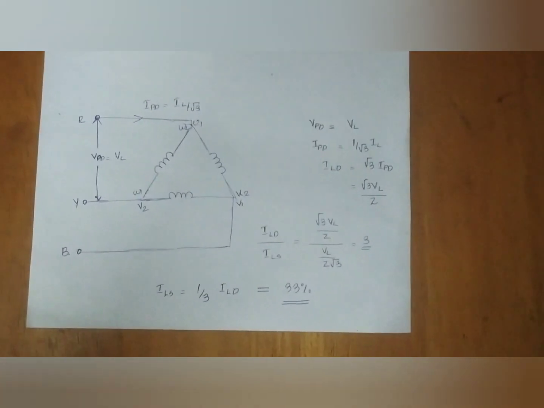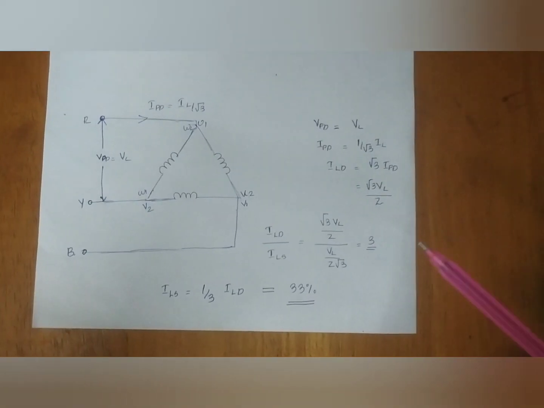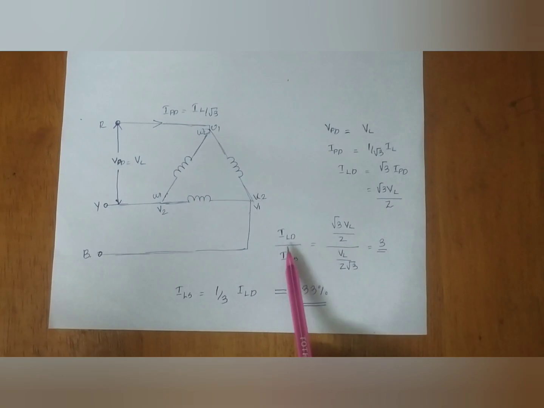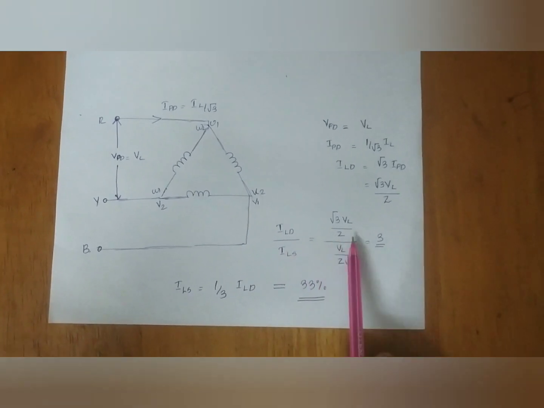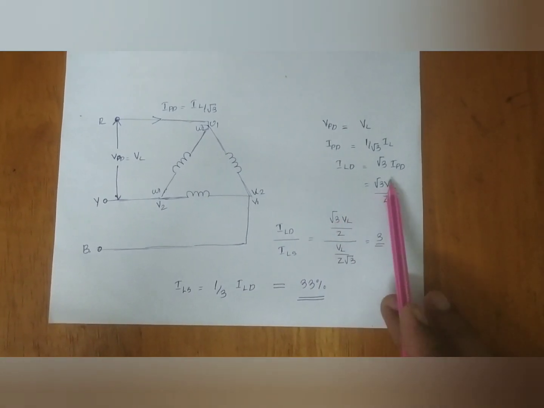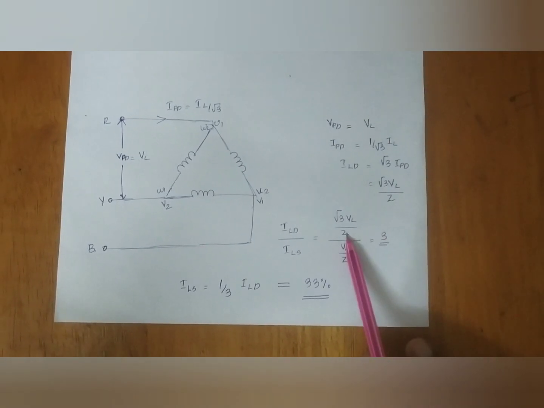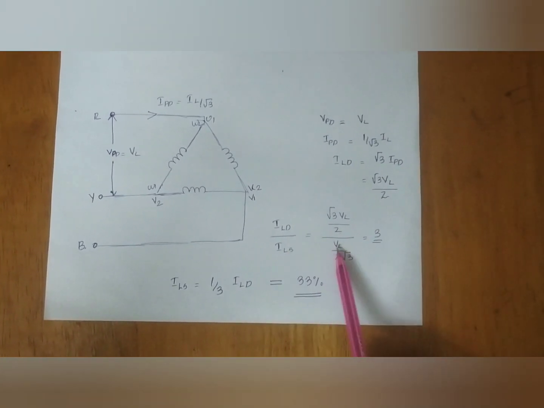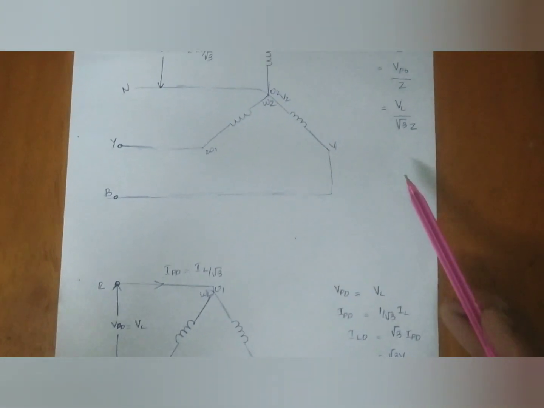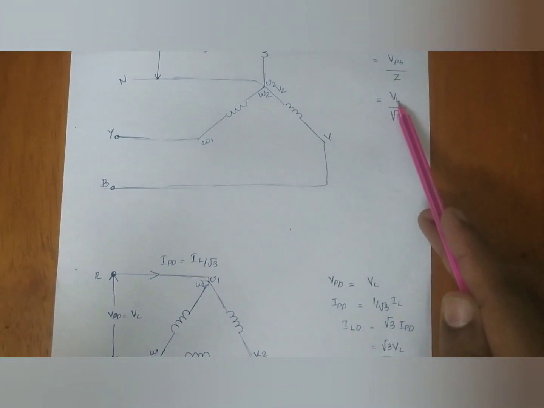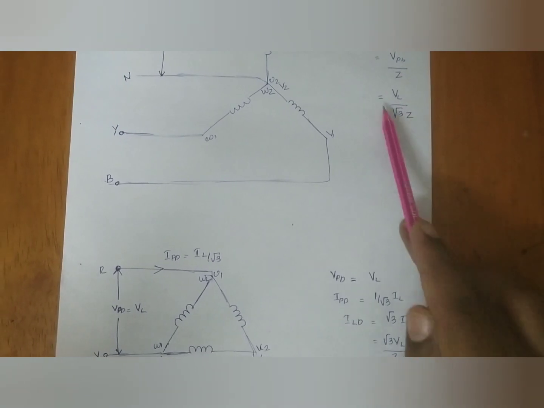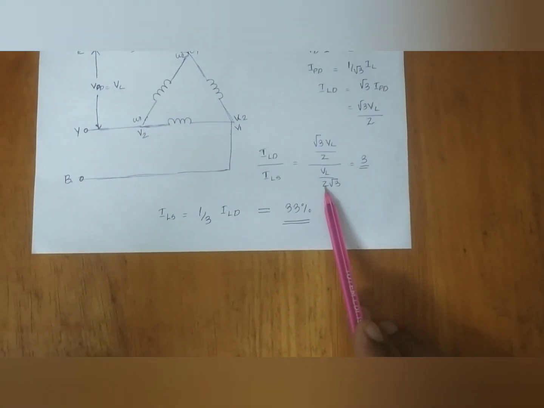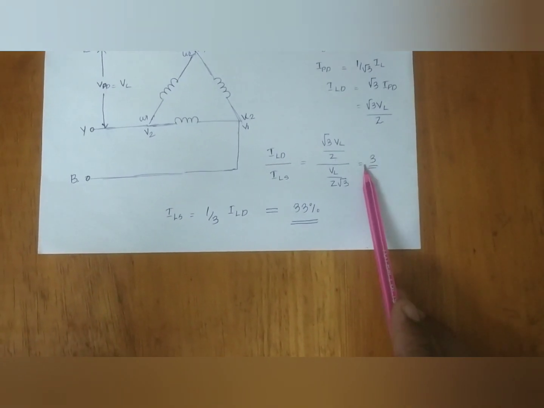Okay, now we can compare the two line currents in star as well as in delta. Line current in delta divided by line current in star is equal to root 3 VL divided by Z, the whole divided by line current in star, which is the line voltage divided by root 3 Z, which is equal to 3.